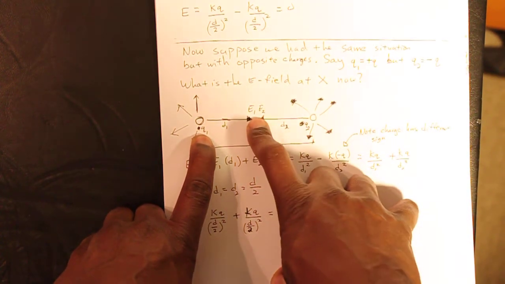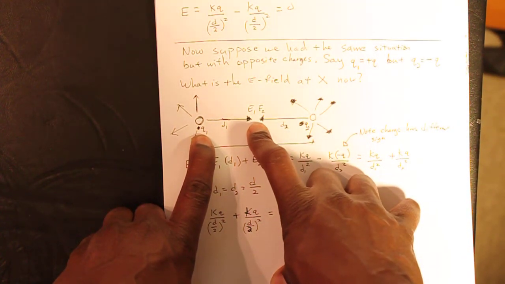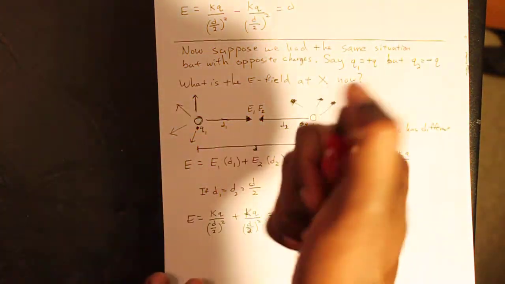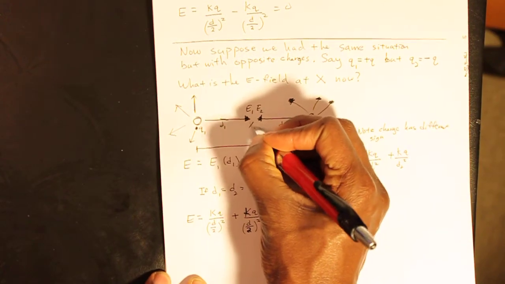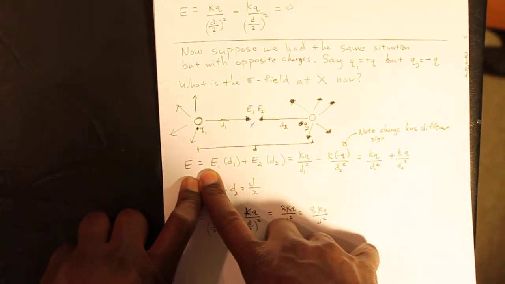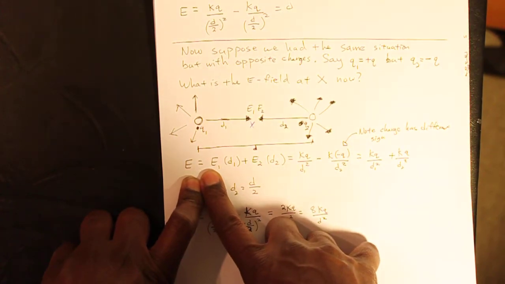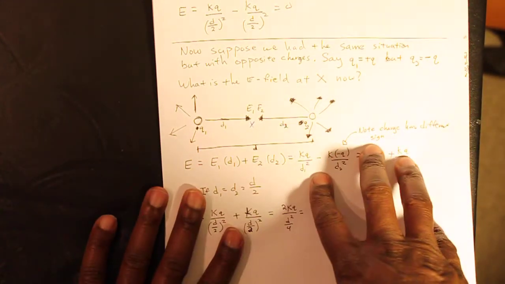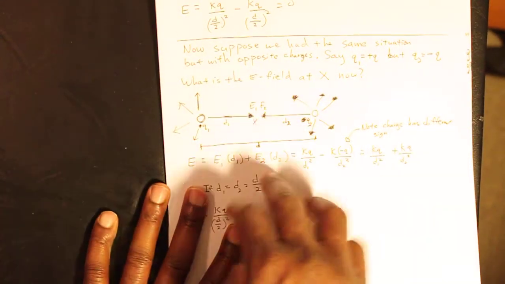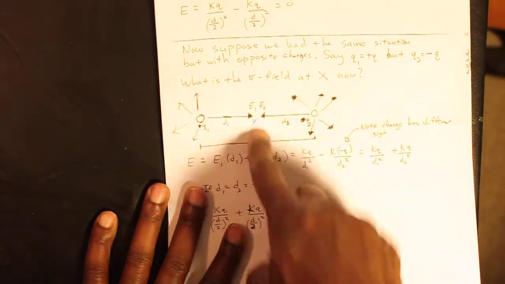I still want to find the electric field at X in between them. It's the same procedure, the same idea, the same concept. We add the electric fields at the point X.